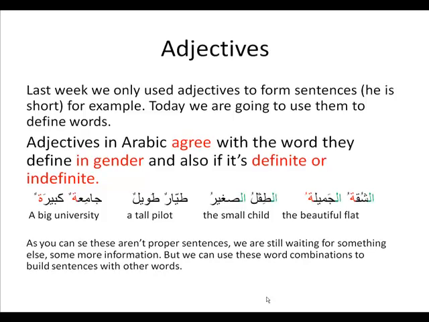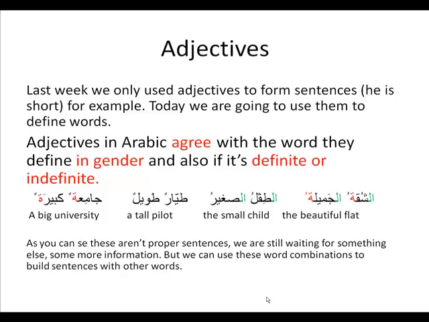We need to say الشقة الجميلة, the beautiful flat. الطفل الصغير, the small child. طيار طويل, a tall pilot. جامعة كبيرة, a big university.